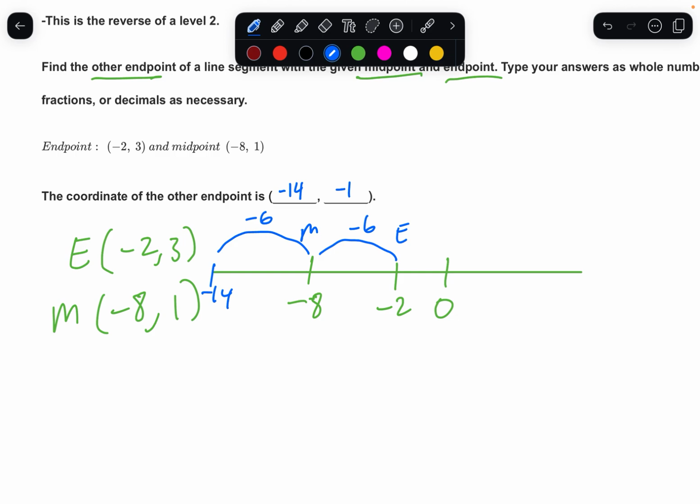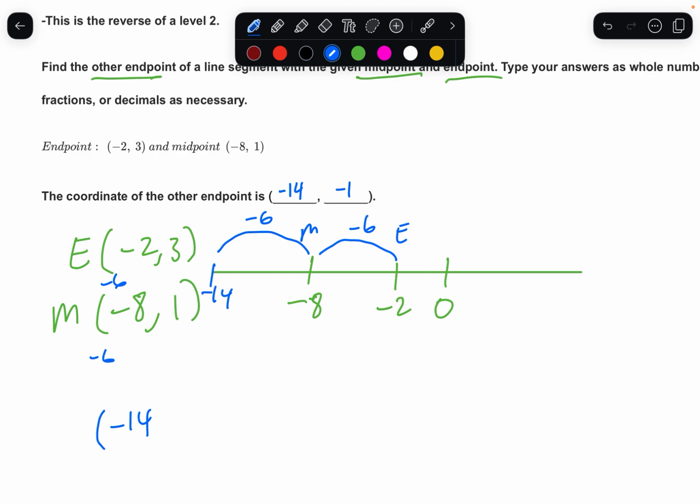So that's the idea here, is that if you're trying to figure out how far do you have to go on the x-axis only. We're not talking about distance between 2 points. We're talking about the distance between the x's only. So if this is -6 to go from the end to the middle, you have to do another -6 to land you at -14.